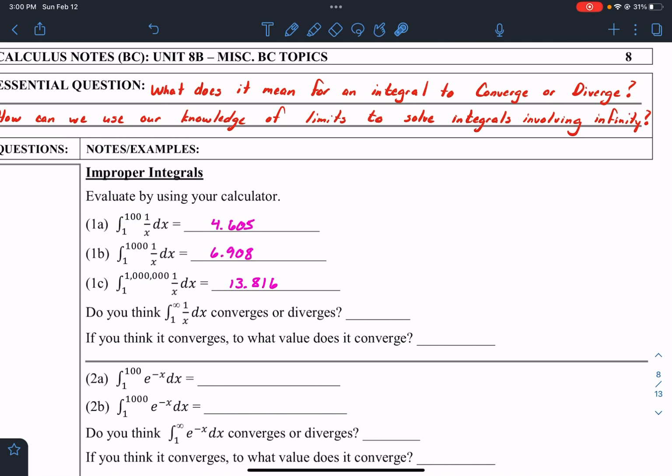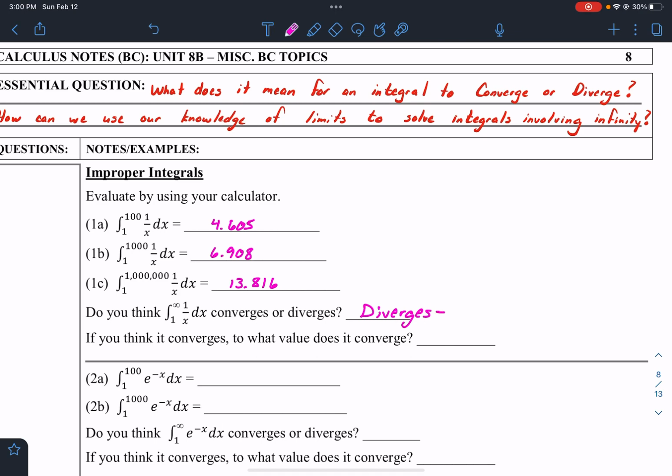From 1 to 1,000,000, if I'm approaching a specific thing, then I should be getting there by the time I get to 1,000,000. But this is growing steadily. So this integral, from 1 to 100, 1 to 1,000, 1 to 1,000,000, is actually diverging.